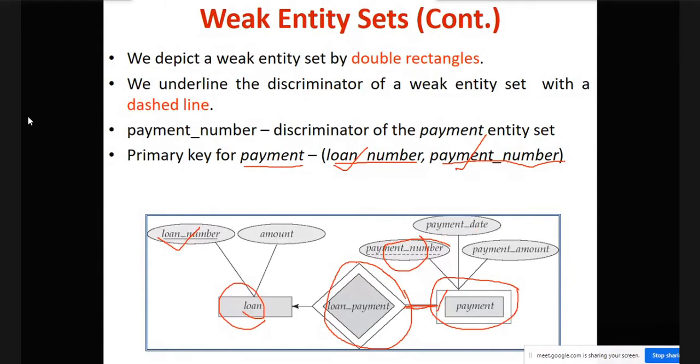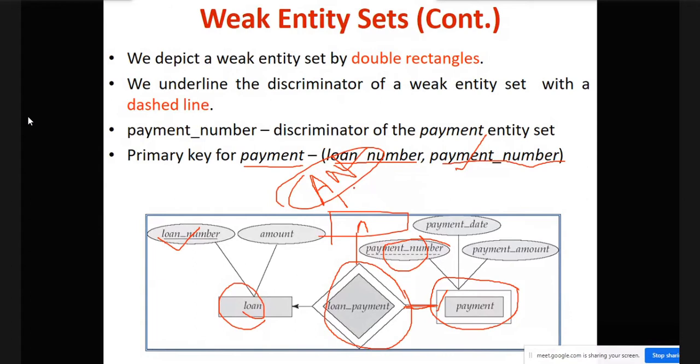Suppose I have one more entity set connected, which is strong. Suppose right now I am saying account, and account has a primary key attribute, account number.